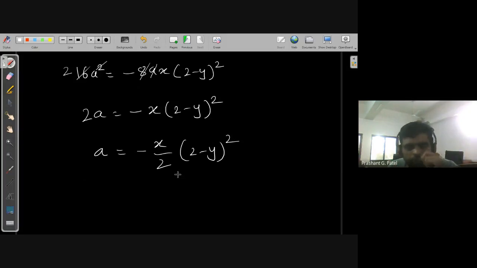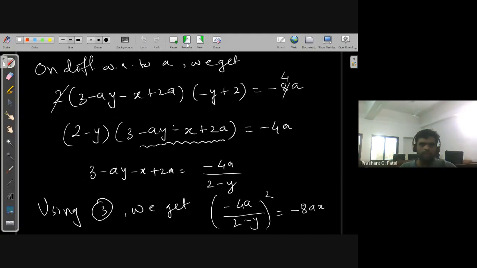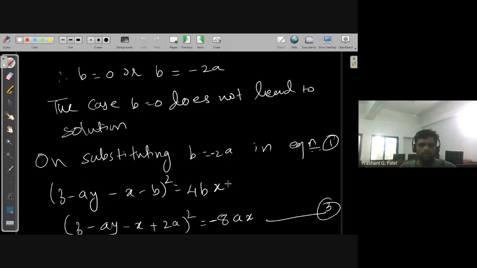And if I substitute this value of a into equation number 3, we obtain our required integral.